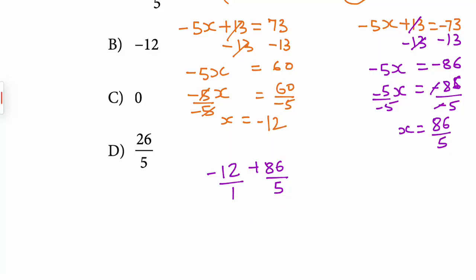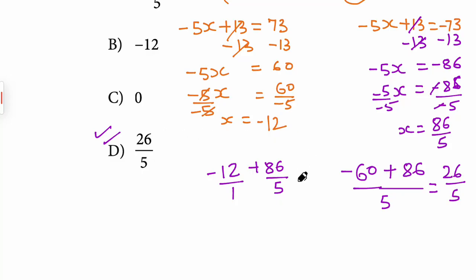So this is negative 12 times 5 plus 86 times 1, over 1 times 5. So this is 26 over 5. That is our answer, right? So D is the right option.